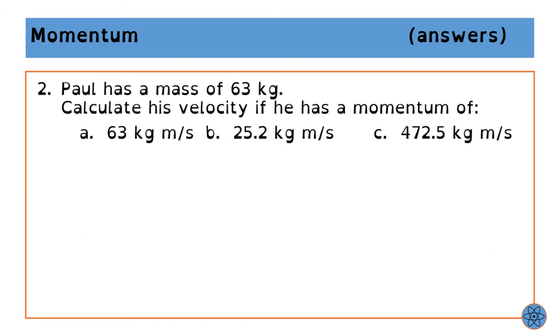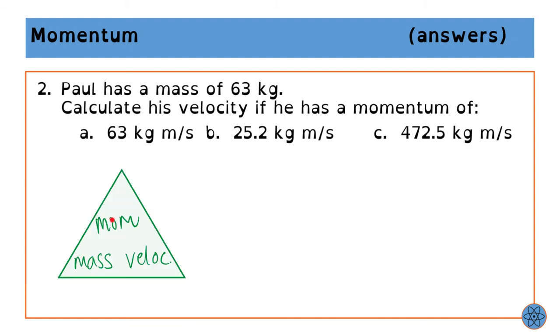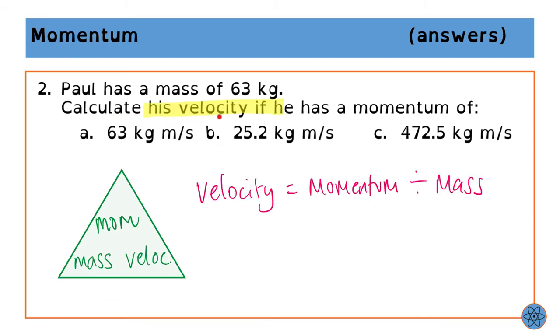From reading question 2, we need to rearrange the equation, but let's start again using our equation triangle. So momentum at the top, and then mass times velocity underneath. So we want to try and find the velocity. So velocity equals momentum divided by mass. We know the mass is 63. And for part A, we can see the momentum is 63 as well. So then we need to do 63 divided by 63, which of course is 1.